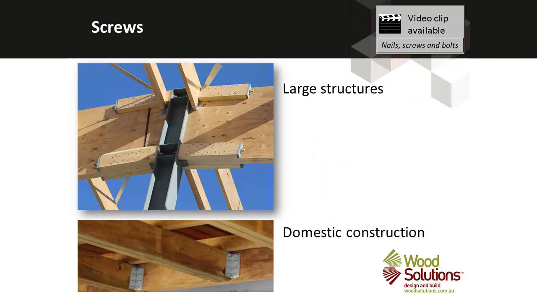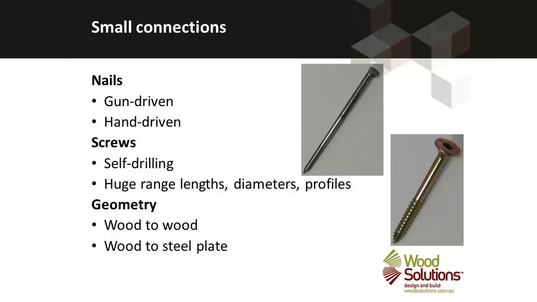Likewise with screws. They can be used on large structures where a large number of screws are going to be used, or on small structures where, again, smaller numbers of screws are going to be used. So, small connections, nails. Nails are frequently gun-driven. They can be very quickly and cheaply, economically installed.